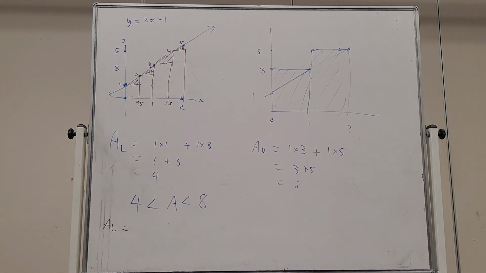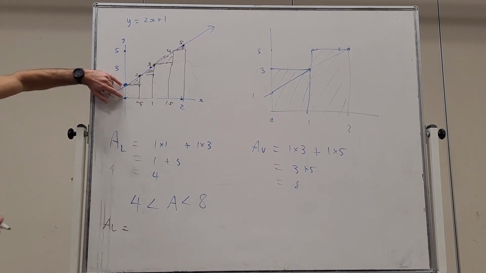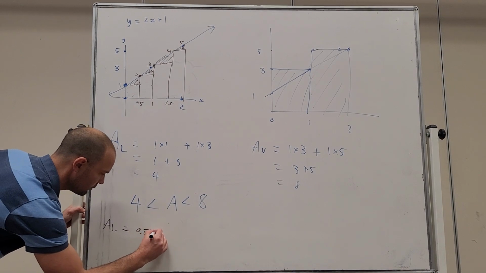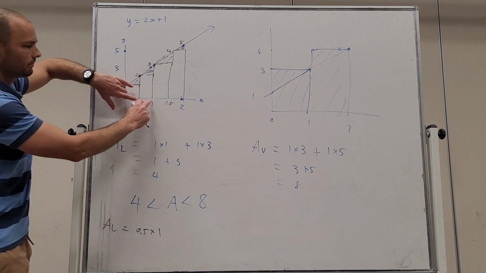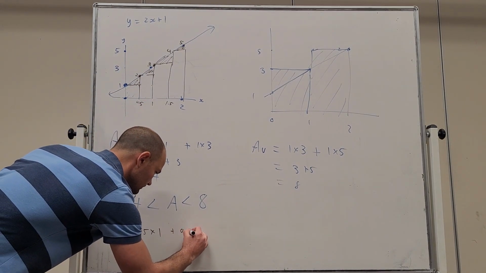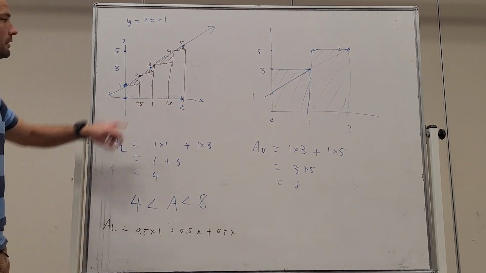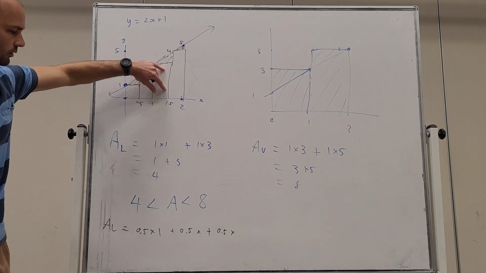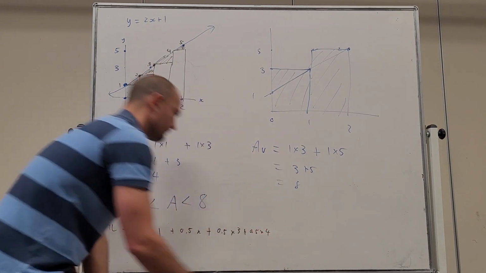So now our lower estimate is going to be 0.5 times 1. That's our first rectangle, 0.5 times 1, plus 0.5 times 2, plus 0.5 times 3 for the third rectangle, and plus 0.5 times 4 for the fourth rectangle.